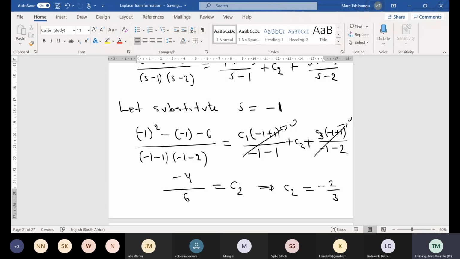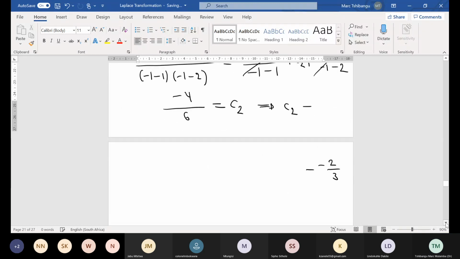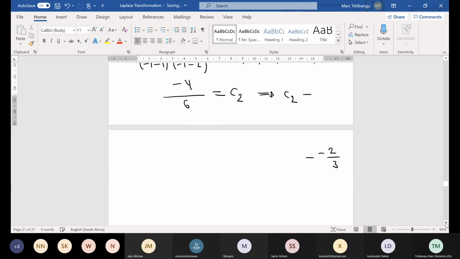Let's move to C3. So this is equal to -2 over 3. Compute C3.